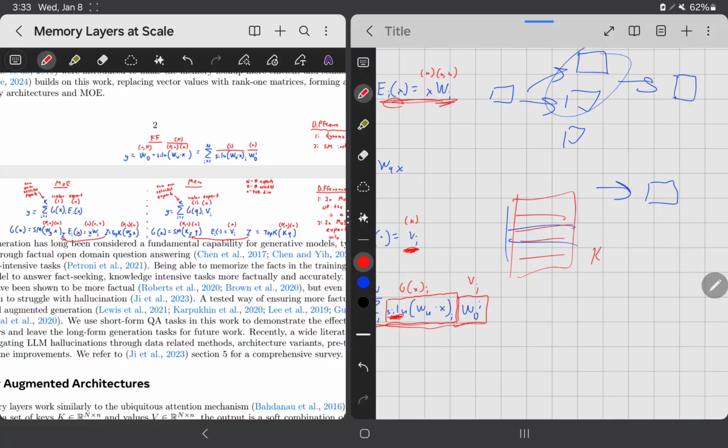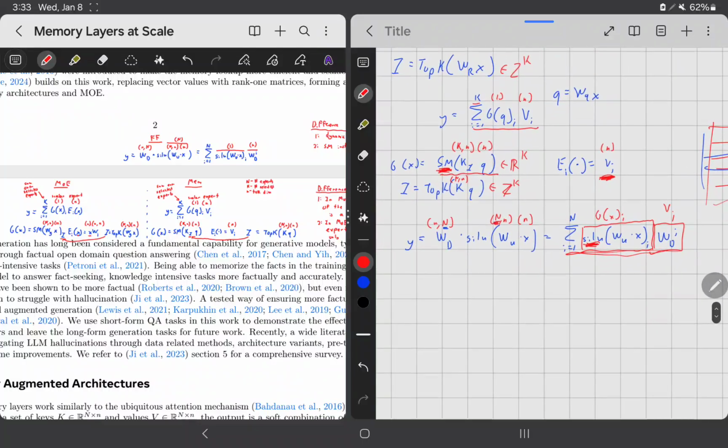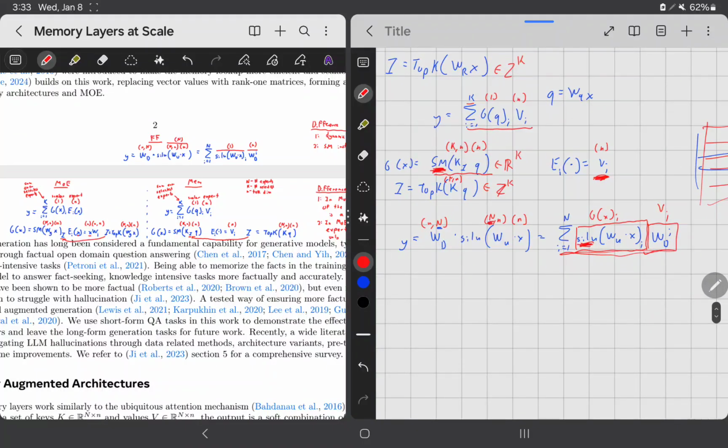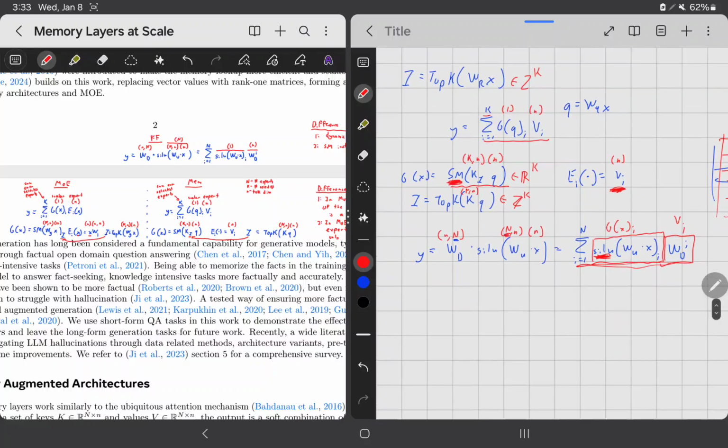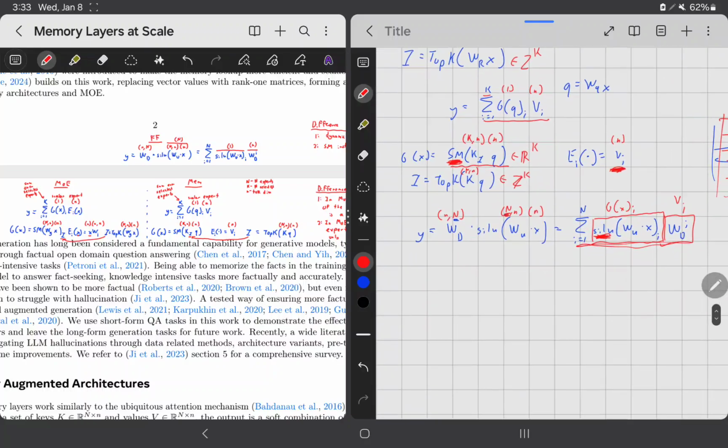I said before, maybe this is like 10 billion parameters large, but you're only using 200 million. The idea is you can replace feed-forward networks with this and only take a subset of those. So if you're replacing feed-forward networks, I bet the SILU activation function would do better than the softmax activation function. Just a thought, but since the formulations are so similar, that's kind of what I'm thinking here.